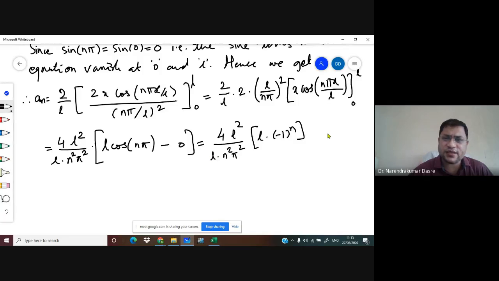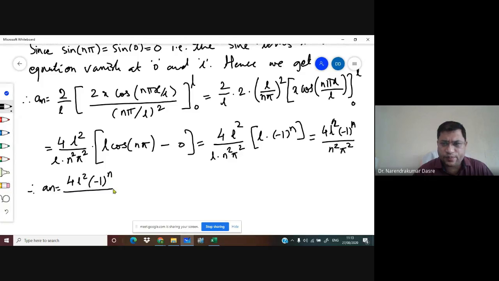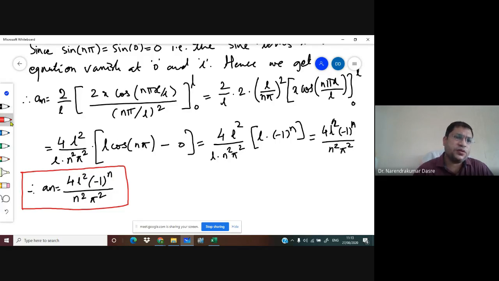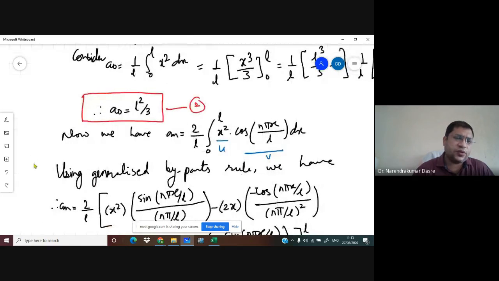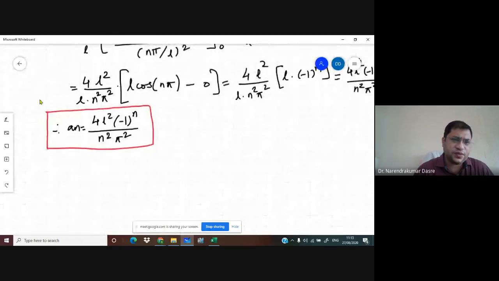So this L and this L we can cancel, and then we can write 4L square into minus 1 raised to n upon n square pi square. So we got the value of an, and that is equal to 4L square minus 1 raised to n upon n square pi square. So we got the value of an, we got the value of a0, and hence we are able to write the Fourier series for this function.